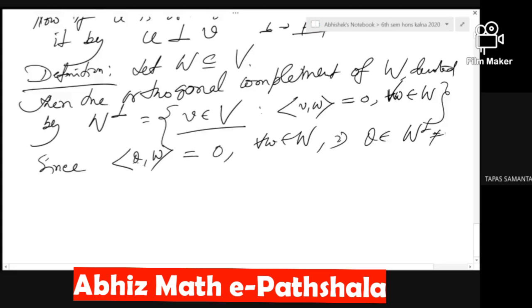It shows that for any subset W, W perp is non-empty.